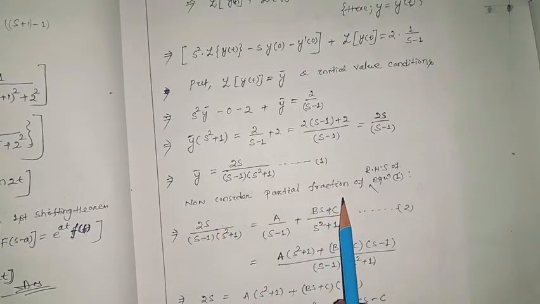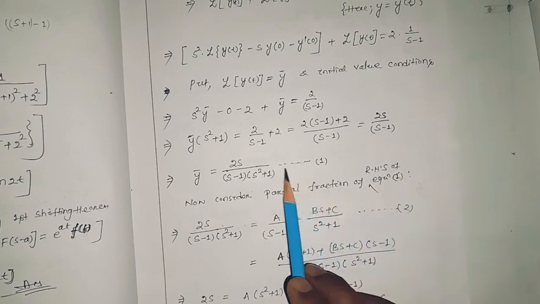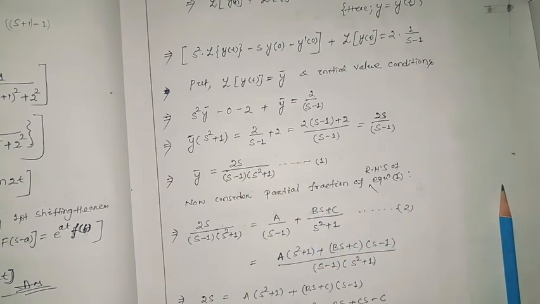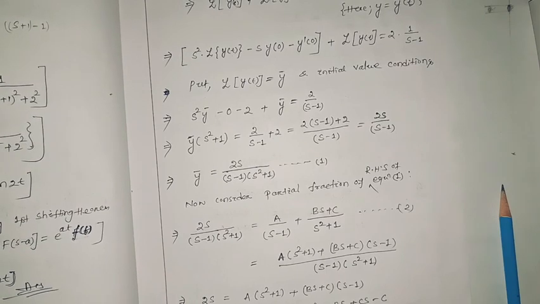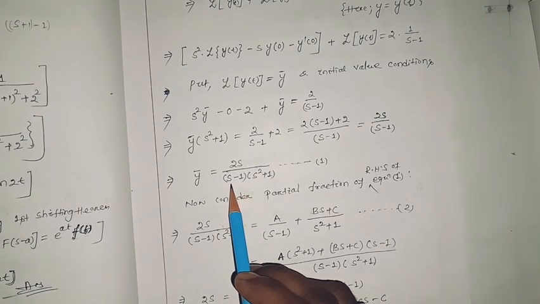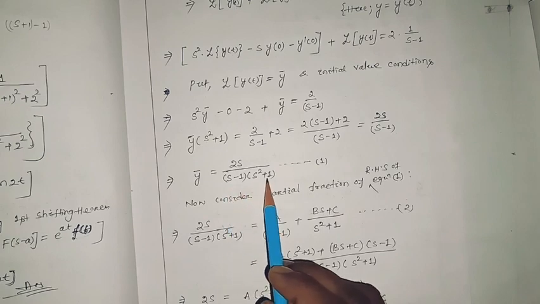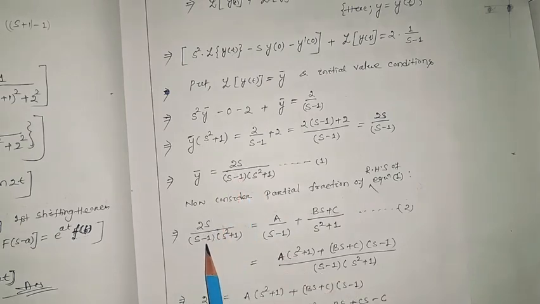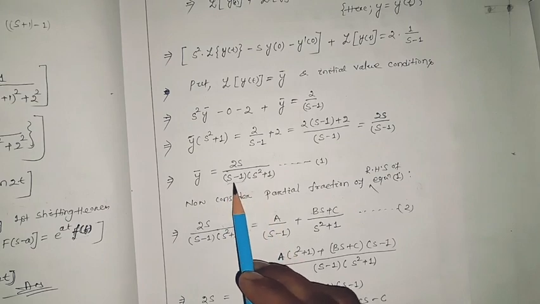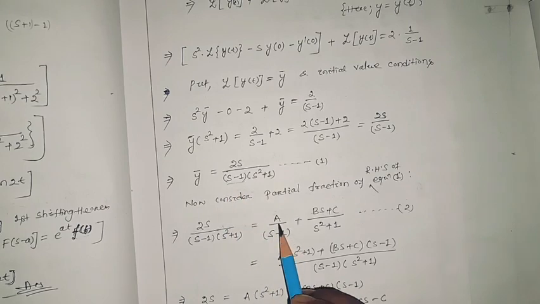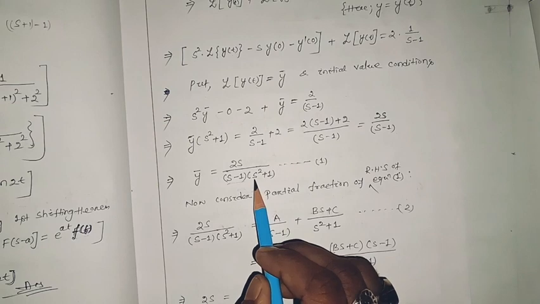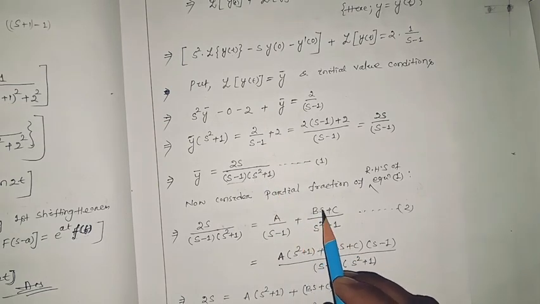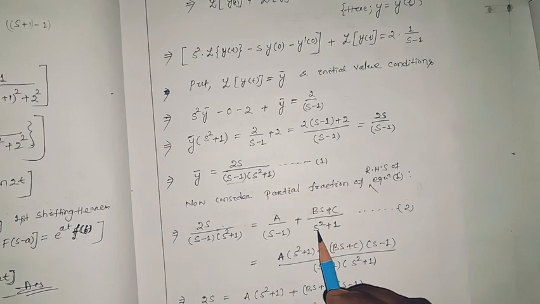Now consider the partial fraction of the RHS of equation number 1. To solve this one, we have to apply partial fractions. Here you can see this is a linear factor and this is a quadratic factor, and not repeated. So 2s by s minus 1 into s squared plus 1 will be written as A by s minus 1, because this is a linear factor, but this is a quadratic, s squared plus 1, so for this we write plus Bs plus C by s squared plus 1.